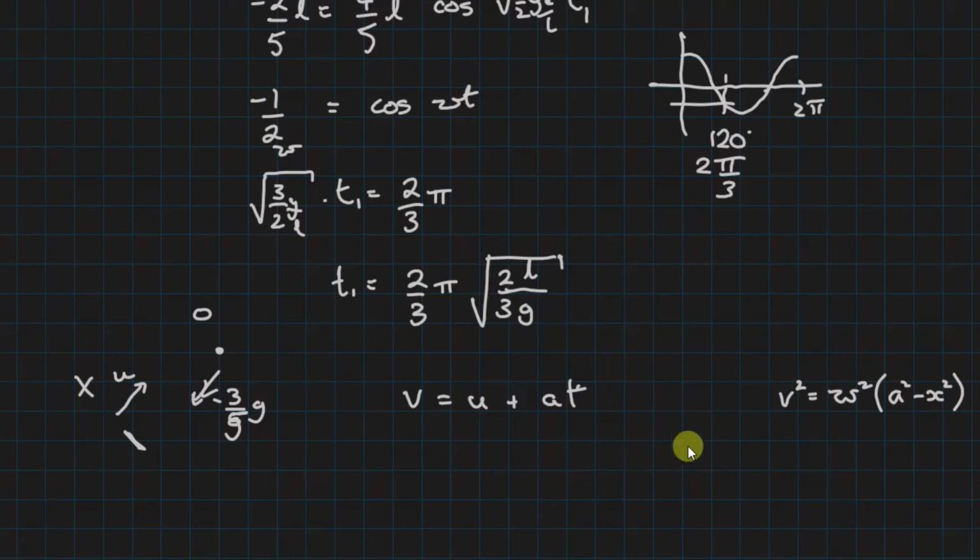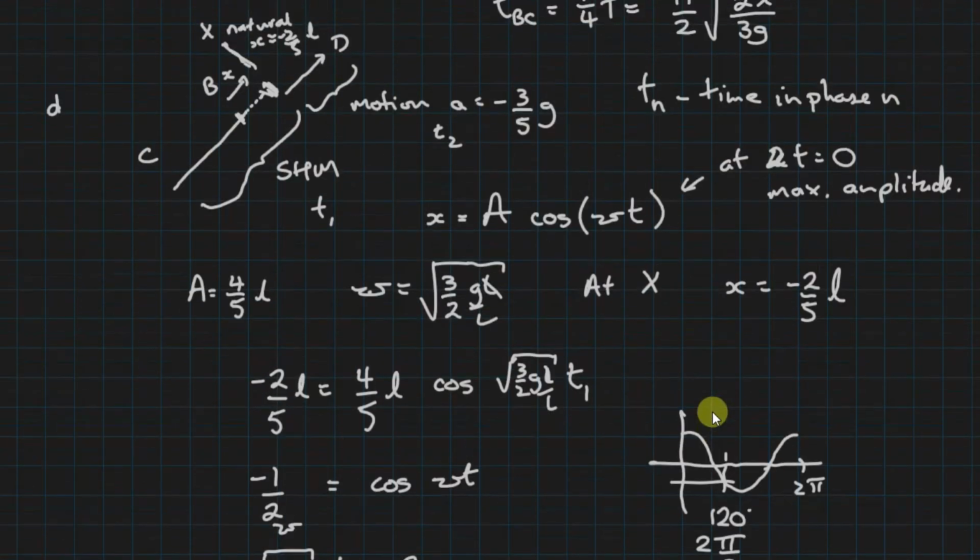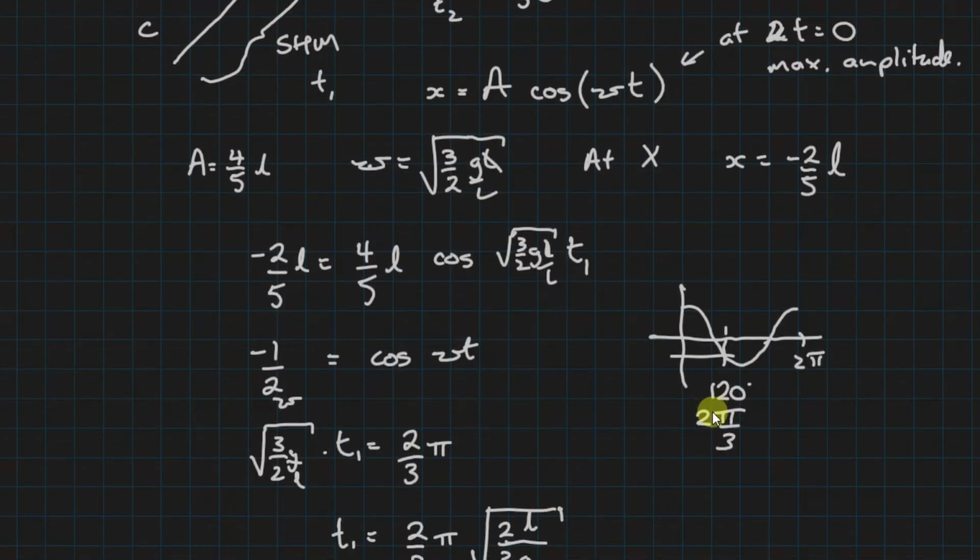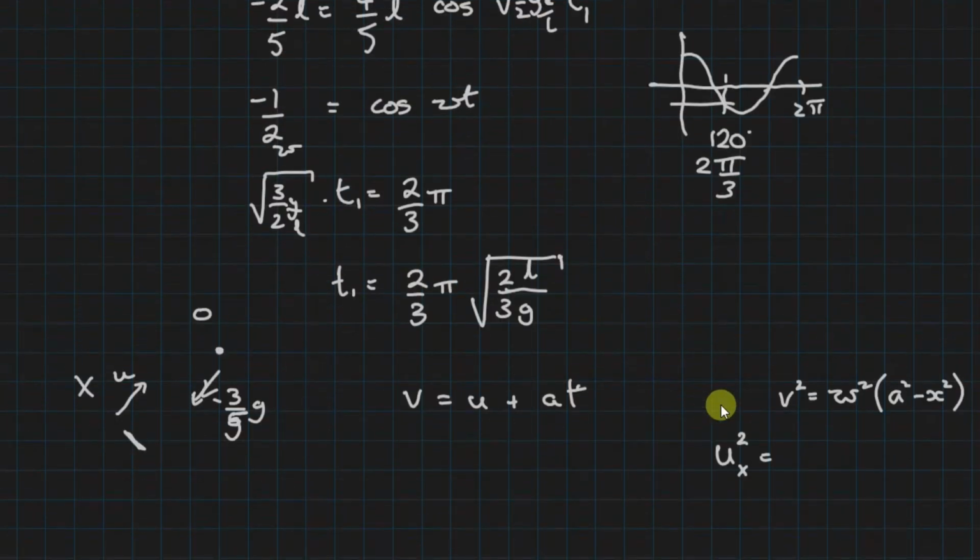So u squared is omega squared. Omega, let's hope I get them the right way up this time. Omega squared is 3/2 g over L. A is the original amplitude.